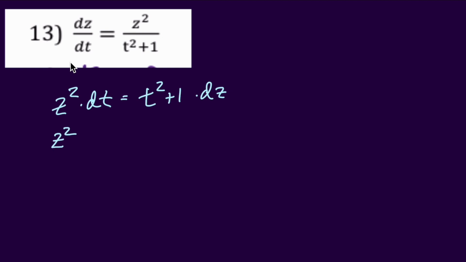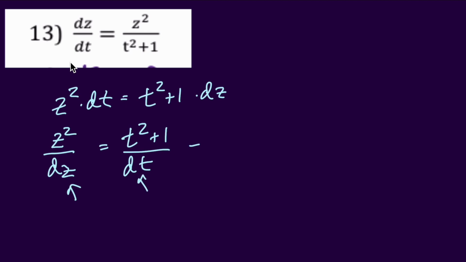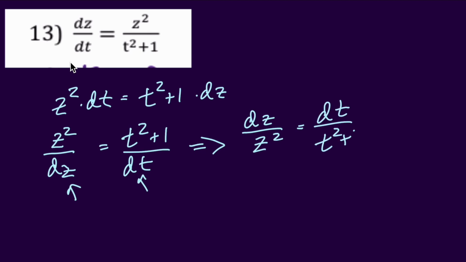We're going to get z squared over dz equals t squared plus 1 over dt. But the problem is these should not be in the denominator, so we're just going to flip them, both of them. So we're going to end up with dz over z squared equals dt over t squared plus 1.